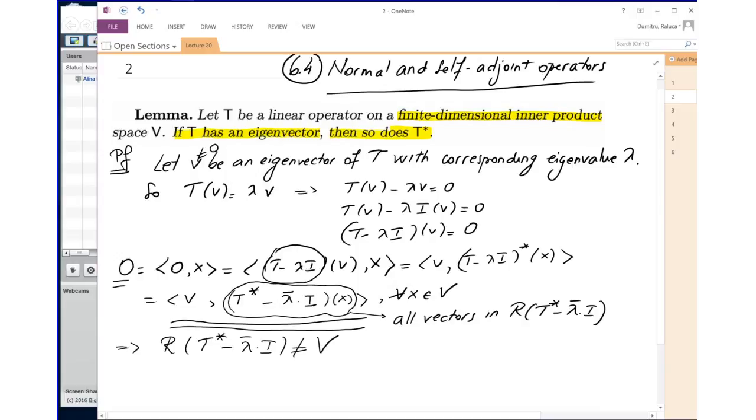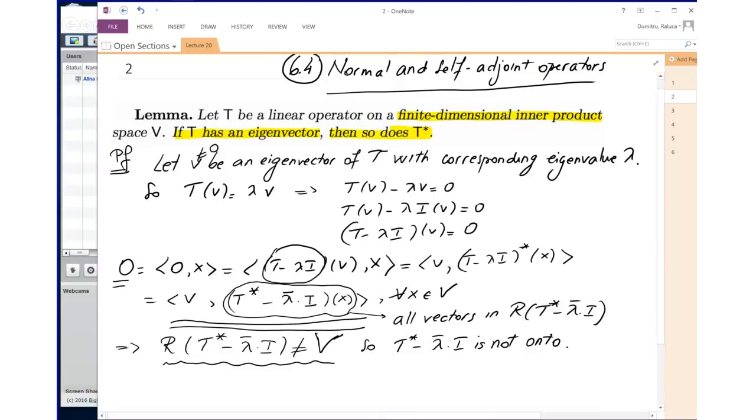Does it make sense? Why? So basically what I want is that this operator is not onto. That's what I'm after here. But why does this hold?